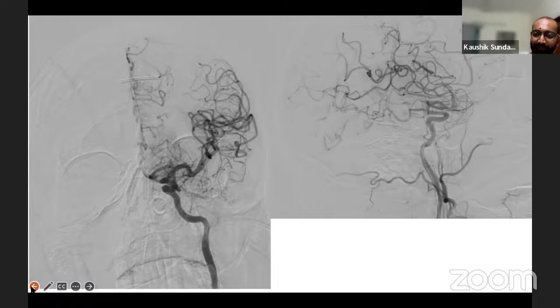Your superior division, because of your leptomeningeal collaterals, had a good amount of supply compared to the lower divisions, is what I feel. And your M1 occlusion, the proximal part, is starting to develop. So this is one area of the perforators which you would not have been able to save unless you had done an MT. This was a fantastic decision to open up the vessel, but I think the collaterals are what saved the distal MCA part.